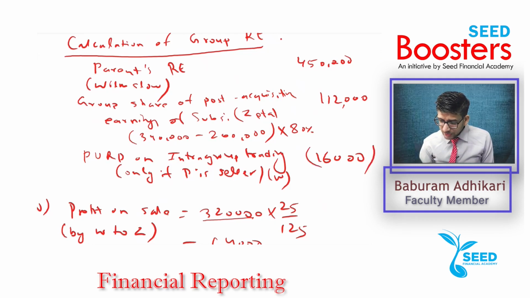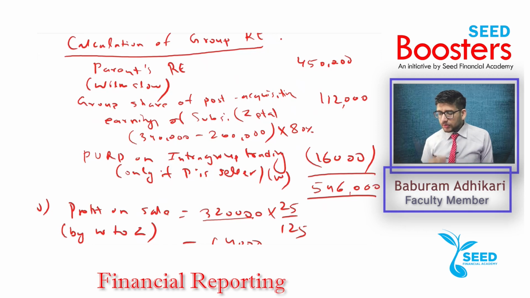I am deducting it from the group retained earning, because this 16,000 is already covered in 450,000. So I am eliminating this from the consolidation process. In total, 450 plus 112 minus 16,000, I am calculating the group retained earning, which has been calculated as $546,000.